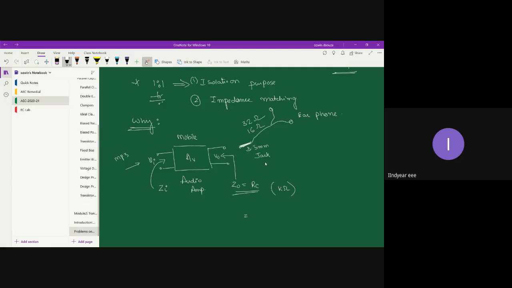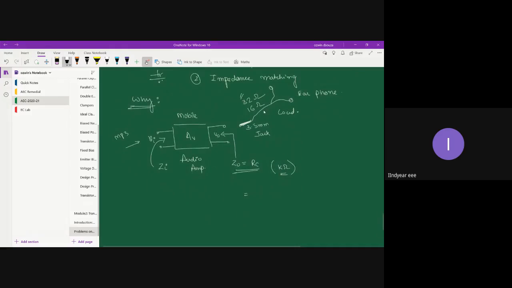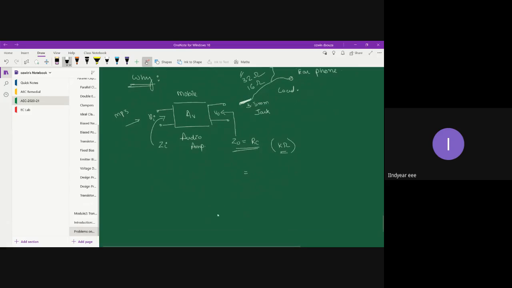So that's the impedance of your load. So this is my load. All right. So your source impedance is in kilo ohms and your load impedance is in ohms. Due to which the power delivery won't be that good. Example. Okay, I'll tell you.